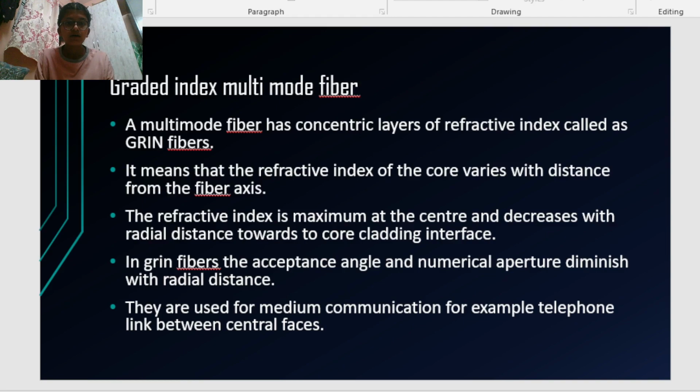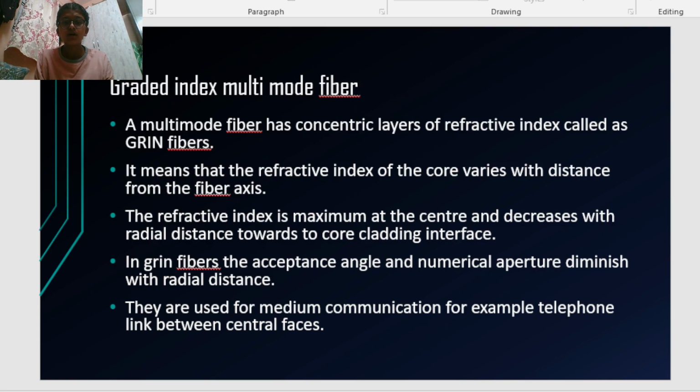Next we have graded index multi-mode fiber. A graded index multimode fiber has concentric layers of varying refractive index, known as graded index fibers. It means that the refractive index of the core varies with distance from the fiber axis. The refractive index is maximum at the center and decreases with radial distance towards the core to cladding interface. In graded index fibers, the acceptance angle and numerical aperture diminish with radial distance.